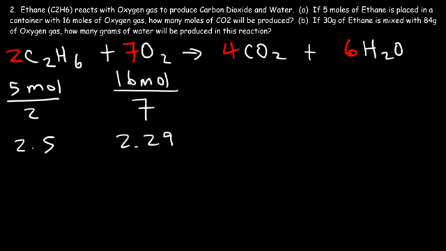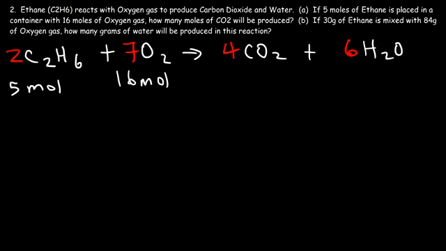So O2 has a lower mole per coefficient ratio, which means O2 in this example is the limiting reactant. Now, because O2 is the limiting reactant, it's going to produce a lower amount of product. So it's going to yield fewer moles of CO2. But I'm going to show it to you. We're going to do it both ways.